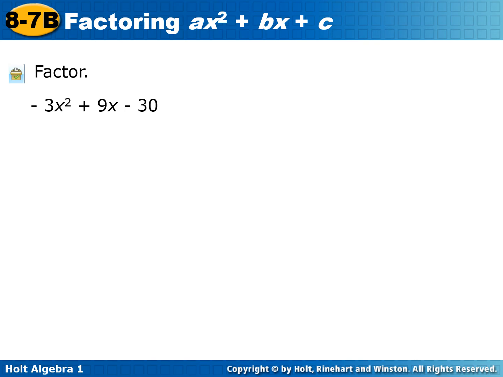Next one, negative 3x squared plus 9x minus 30. I notice they all have a 3 in common, and I have to take this negative out. So negative 3, x squared, oopsies, minus 3x plus 10.